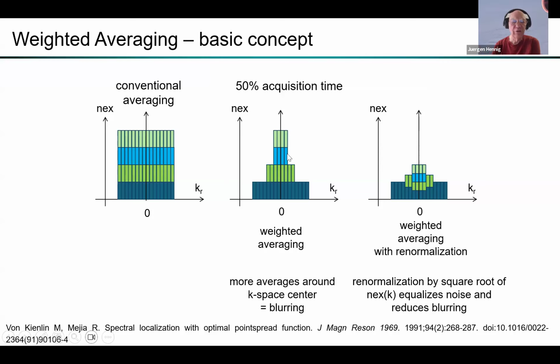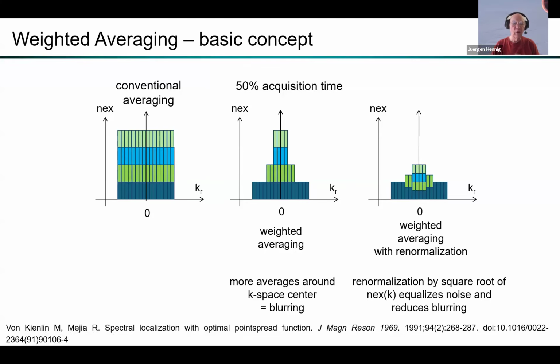If you do it just this way and then combine the data and reconstruct, you get a heavy weighting of the center of K-space, meaning a blurring of your images. You can reduce the blurring by appropriate weighting of the averages according to the number of samples per K-space sample, and this way you can normalize the noise.